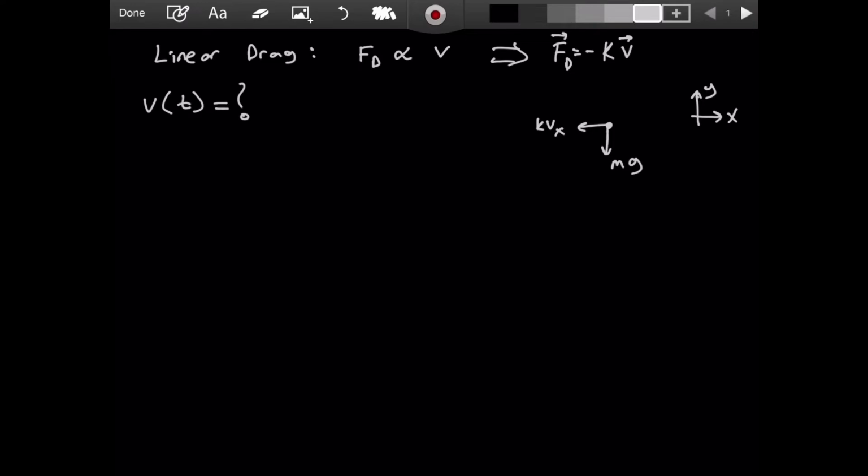And the direction of the drag in the y can change, but let's call it like this, kvy. So in this case, the velocity vector would be something like this, right? Because both of the components of the drag force should oppose the corresponding component of the velocity. So we got this, cool.